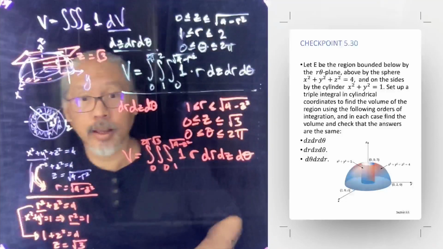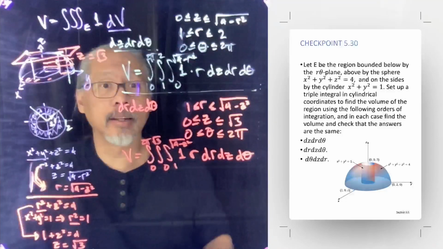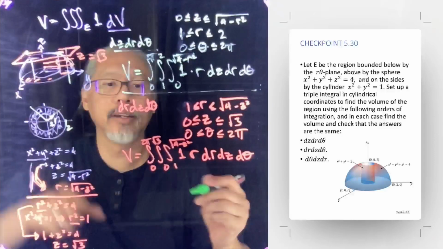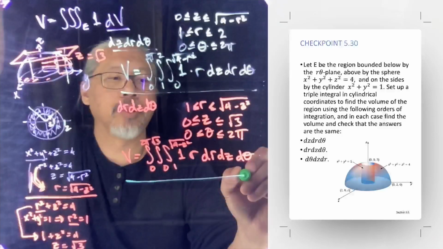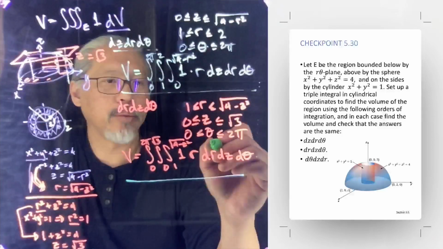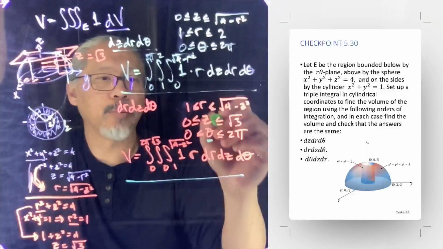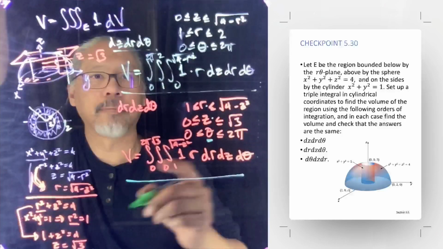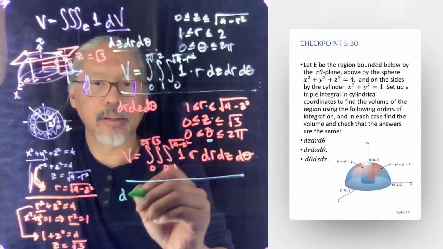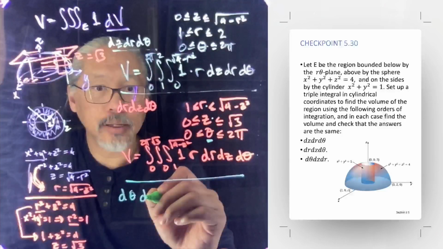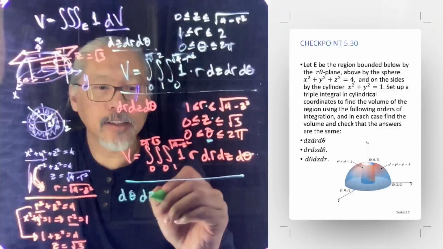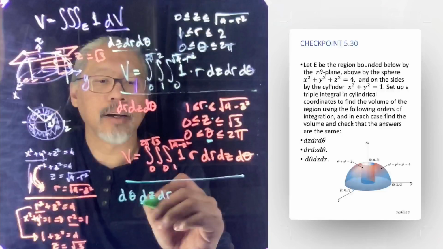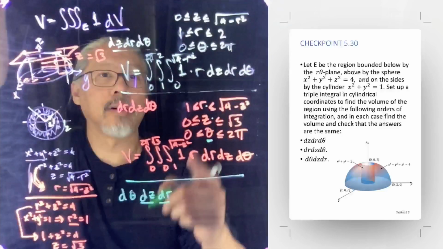Okay. All right. Let's attack that last one. With that last one, we'll use the argument that we made earlier that theta is independent of r and z. So if they want d theta, dz, dr, I'll just look at the order of z and r here.